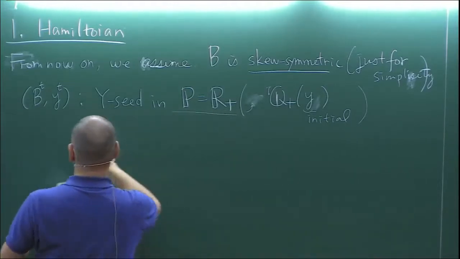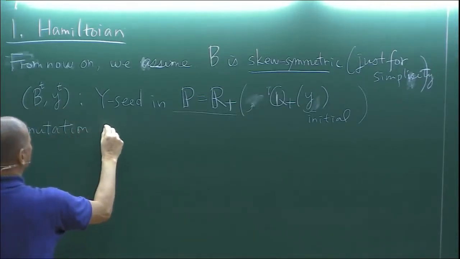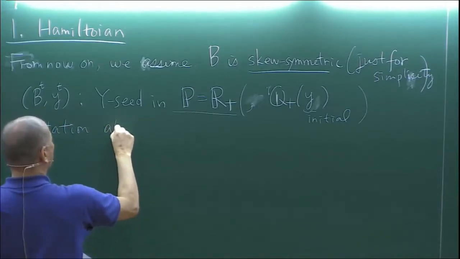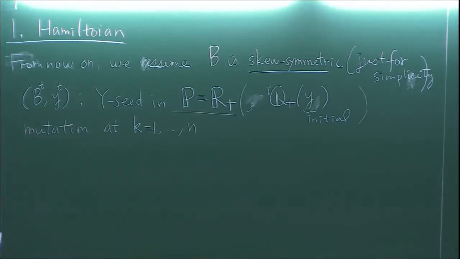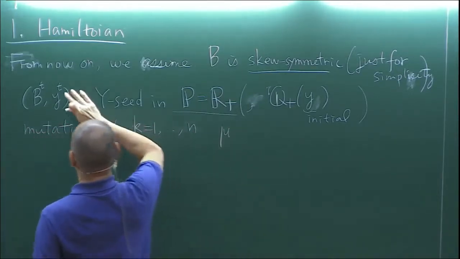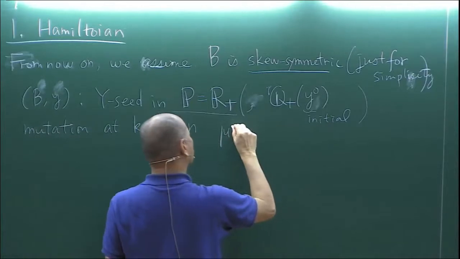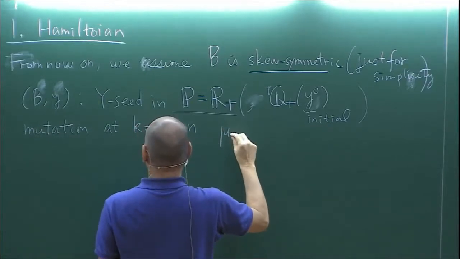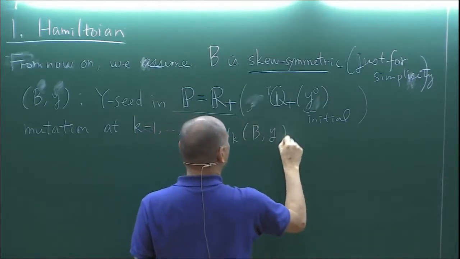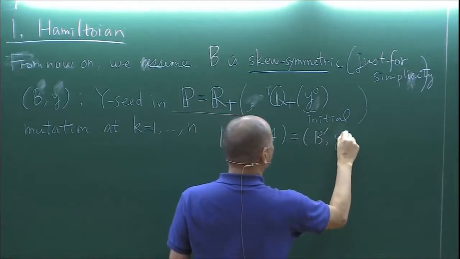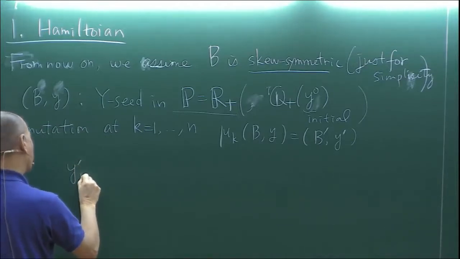Anyway, basically we want to consider this, and I just write once again, the mutation formula of this y variable, which is important. So, mutation at k equal 1 to n, mutation in direction k of your y-seed. The B matrix is as usual, so I skip, and let me write this because it is important in my talk.